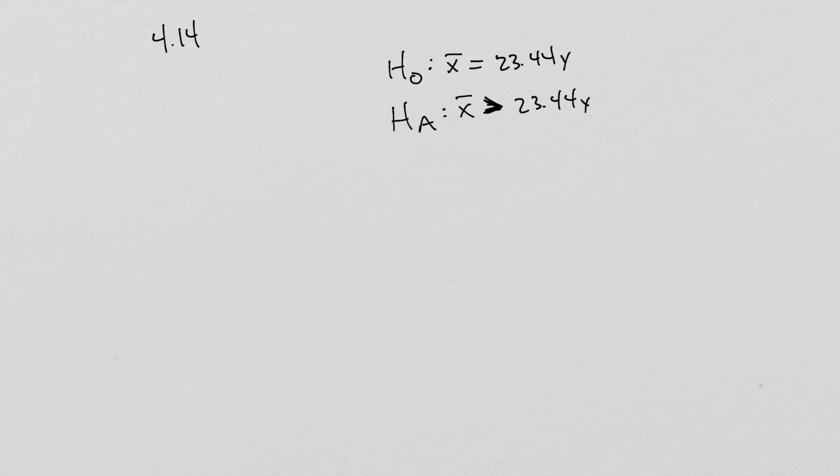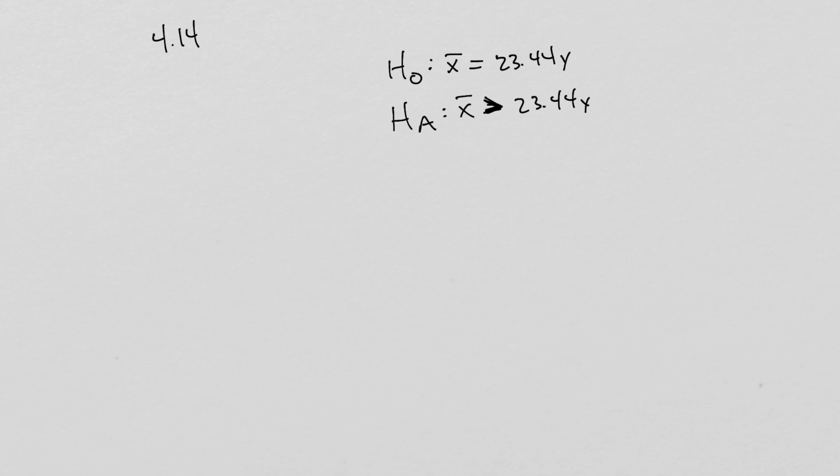4.14, we are told that the null is x bar equals 23.44 years, and the alternative is x bar greater than 23.44, and the social scientist believes that this value has increased, but she would also be interested if she found a decrease.